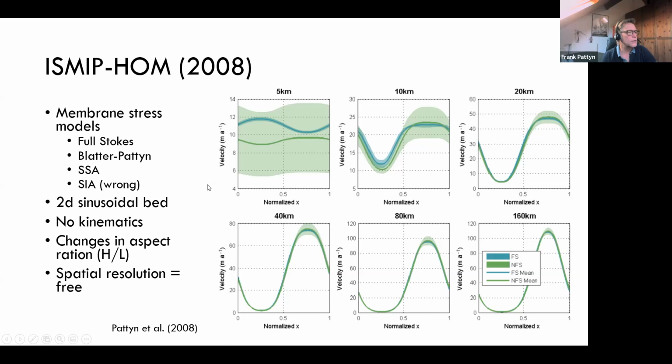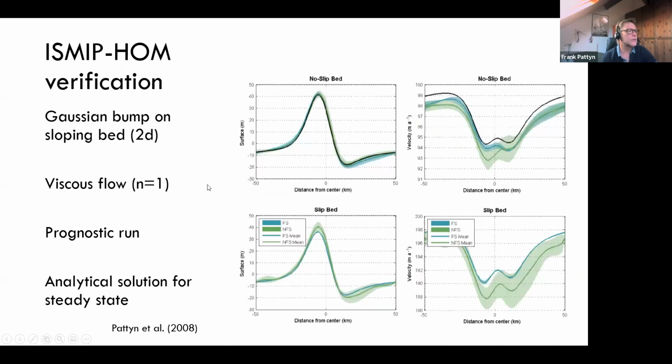In that, we also had a verification experiment in which we allowed also the ice sheet to evolve to a steady state, and that over a Gaussian bump, ice flow over a Gaussian bump on a sloping bed. So it's a prognostic run, and therefore we have an analytical solution for the steady state.